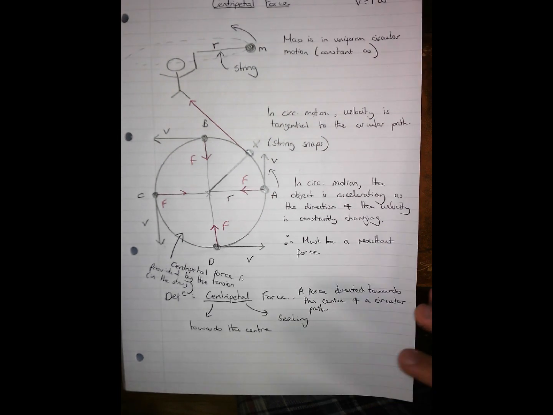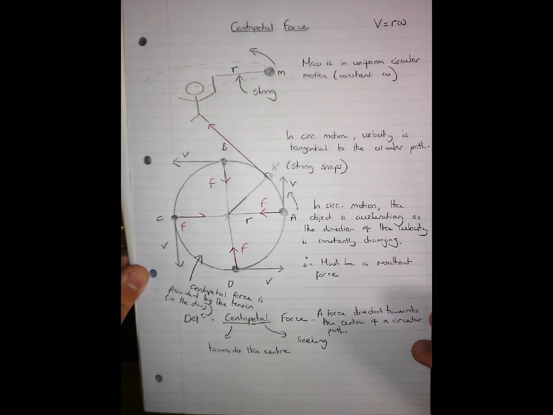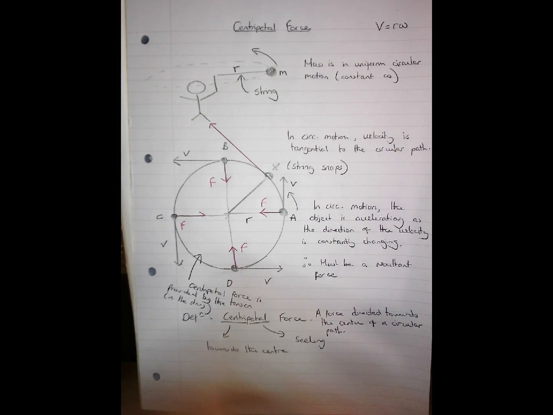So in this case, we're talking about the centripetal force pulling this object in a circular path. When that goes away, there's no longer a resultant force on that object.